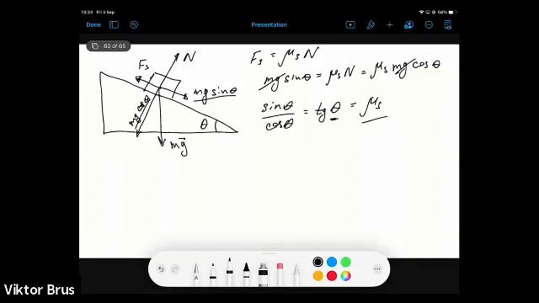Only the static friction coefficient. Okay, so now let us go for maybe a few examples with uniform circular motion and the application of laws of motion in these cases.